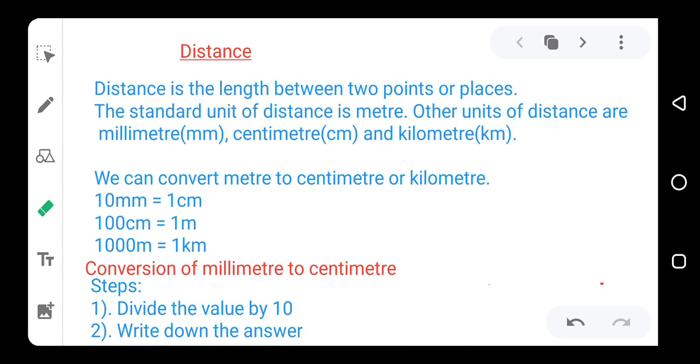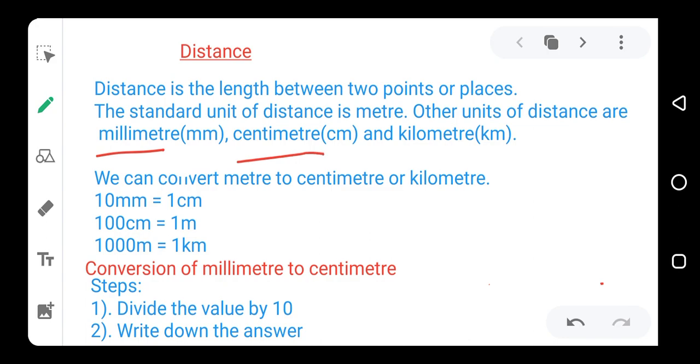But if what you are measuring is very small or too big, we can use other units like millimeter, centimeter, and kilometer. If the length is very, very small, we use centimeter and millimeter.